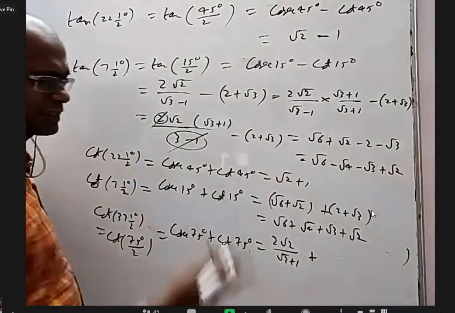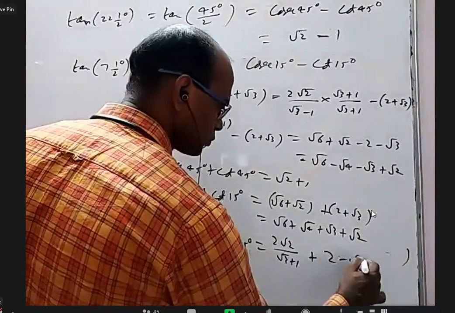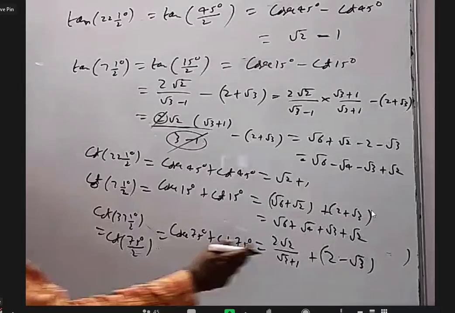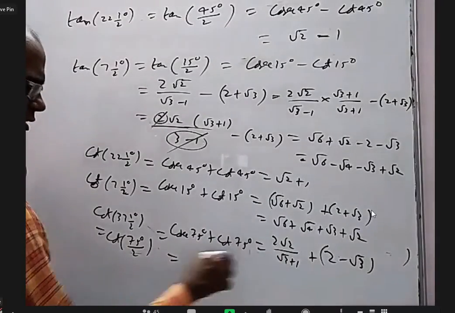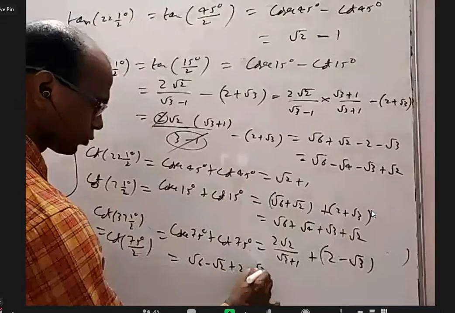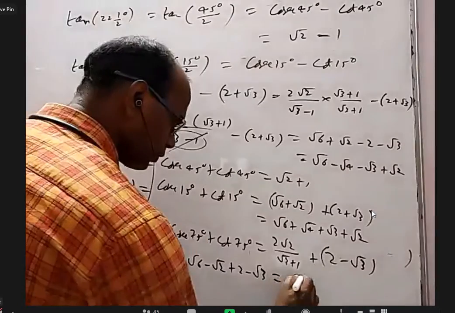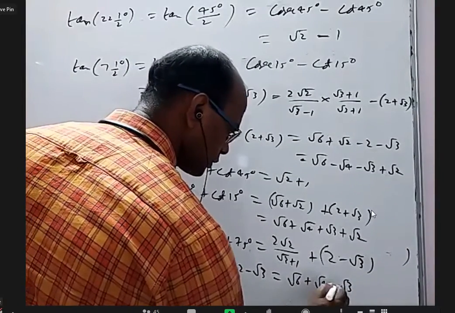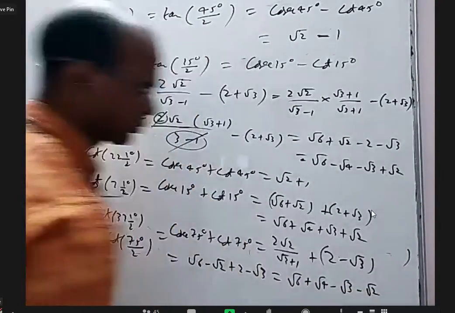Plus cot 75, which is tan 15, and it is 2 minus root 3. I'm just saving time here. If I rationalize it properly, it will become root 6 minus root 2 plus 2 minus root 3, which is root 6 plus 2 minus root 3 minus root 2.